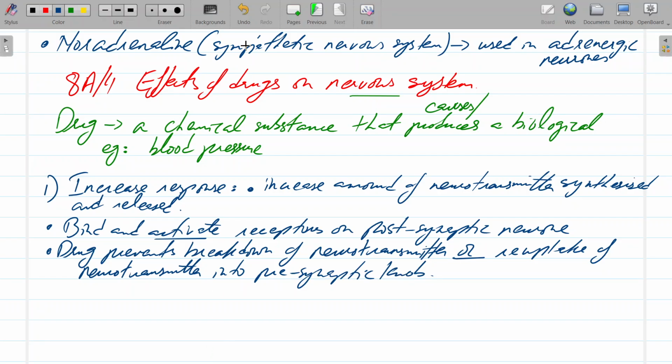And because it's not letting the neurotransmitter let go of the receptor, it increases the response as compared to what you normally have.